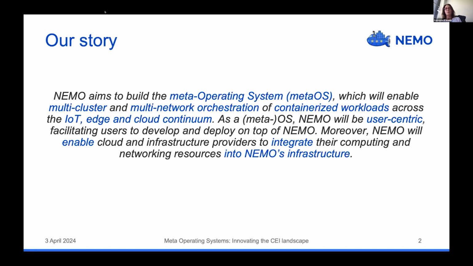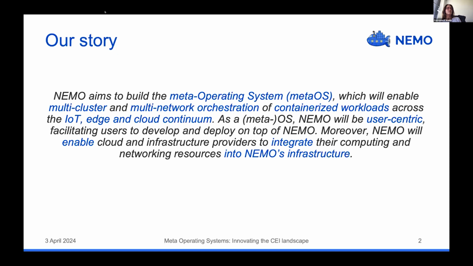So the focus in Nemo in building this MetaOS is indeed to make it user-centric, to be able to attract developers to build on top of it, and in the end to let different parties, different entities interact and create revenues out of data, applications, but also resource transactions.